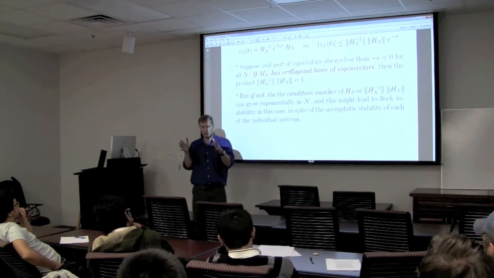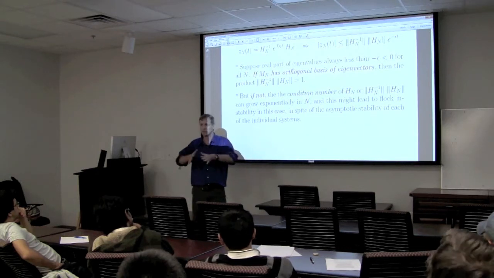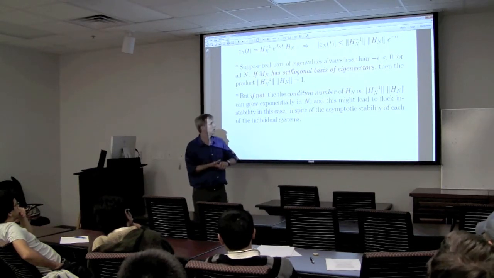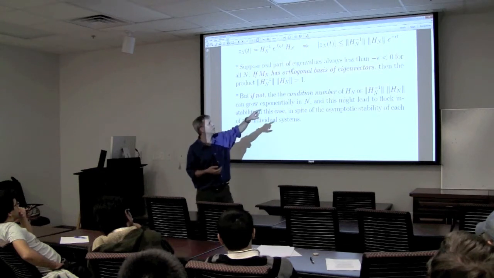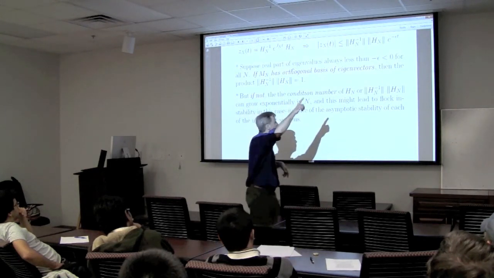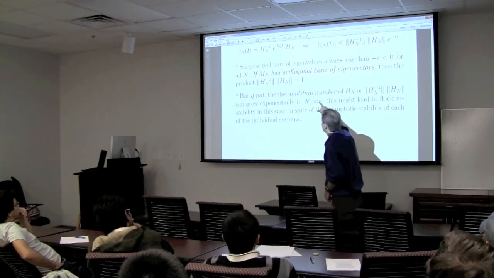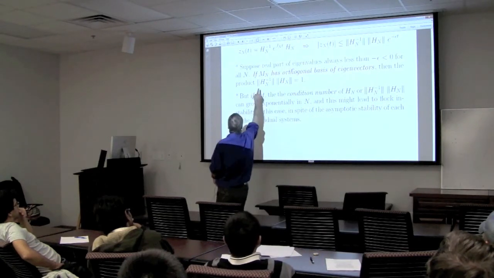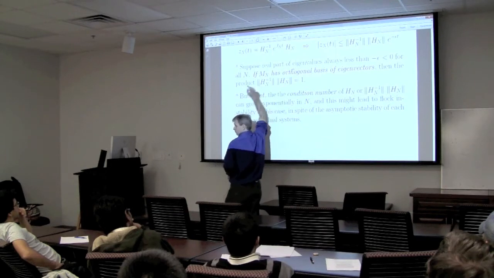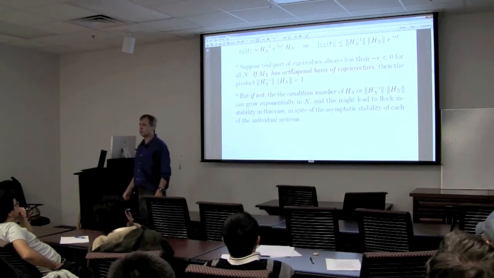Then for long times, as t goes to infinity, the thing will stabilize. We call it flock stable if that condition number grows less than exponentially.